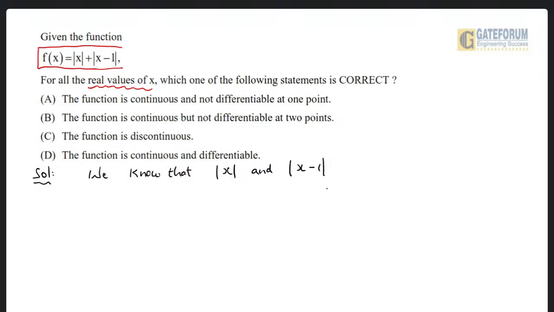That is also again a V shape, passing through the point 1, 0. Are both continuous for all x belongs to R, where R is the set of real numbers, for every point x belongs to R?